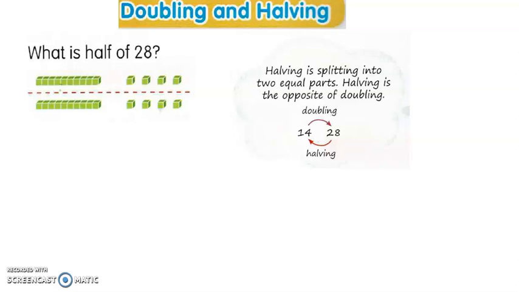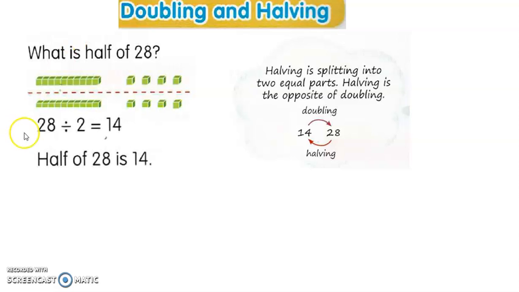So we can do this by making the division by 2. 28 divided by 2 equals 14. So whenever you are asked to get the half of a number, you need to divide the number by 2, then you will get the half of the number. So half of 28 is 14.